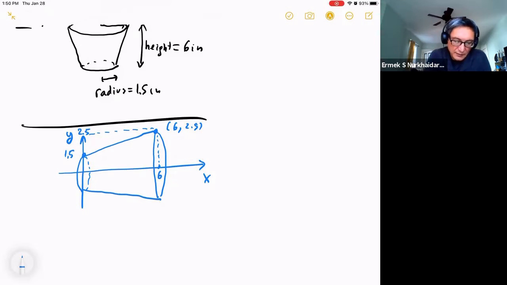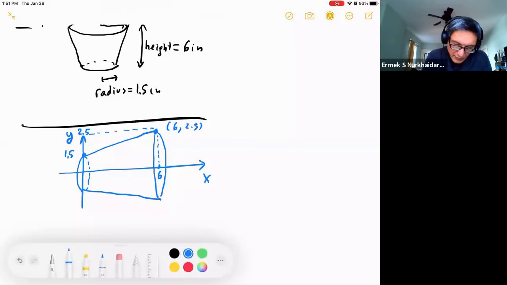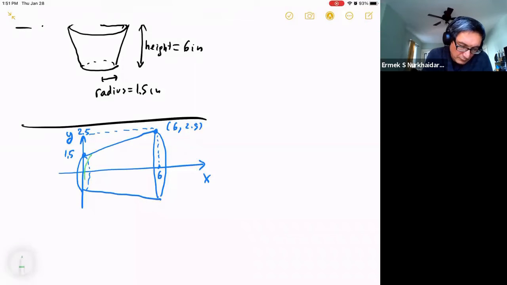Just imagine, if you go to a deli and you order your sliced cheese or sliced jerky, then it's going to be sliced. That's exactly what we'll do. We're going to make slices.